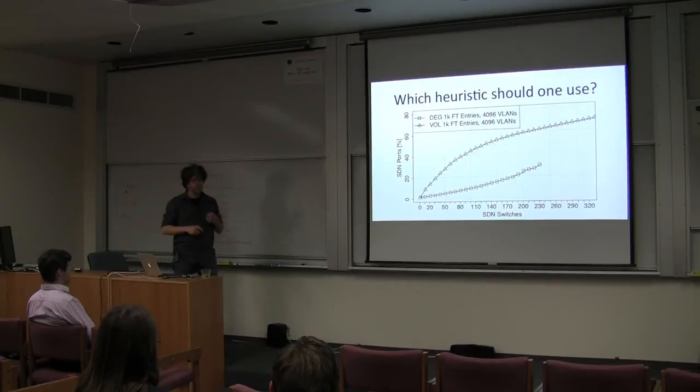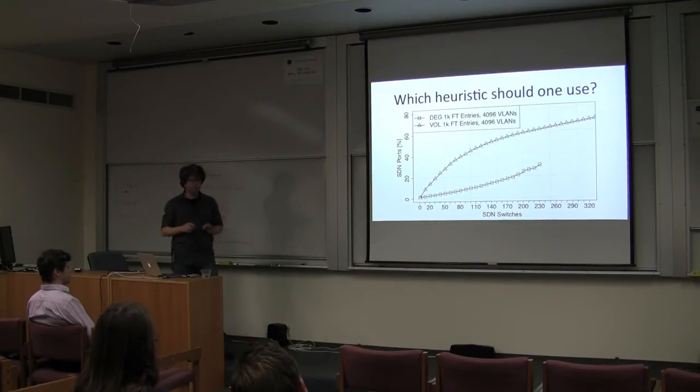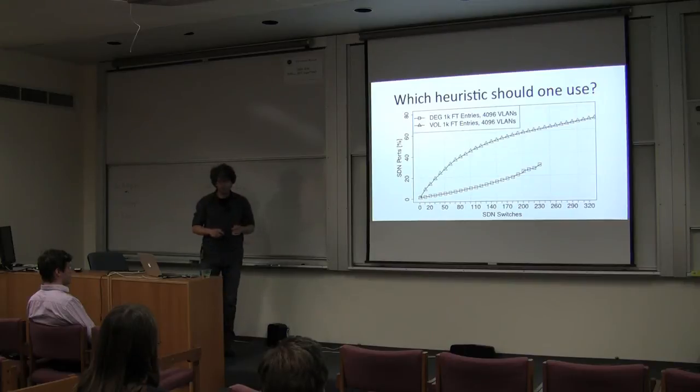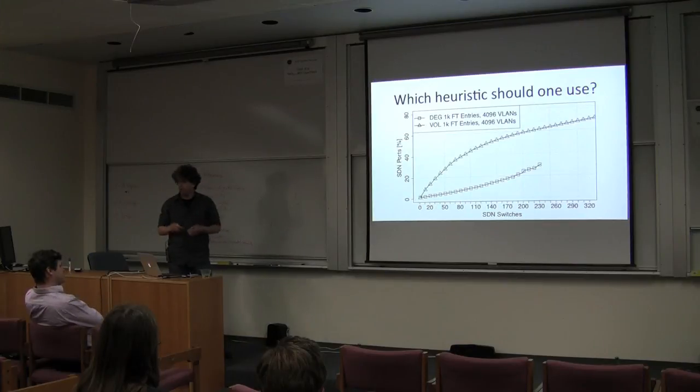So even assuming totally overblown communication demands and particularly low flow table resources, it's still possible to accommodate a significant portion of the endpoints in the network through the SDN programming interface. But naturally, it's going to require more upgrades in the network.